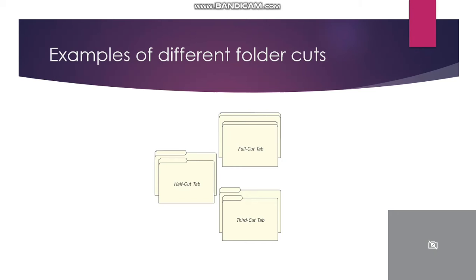If you look at the three folder diagrams on the slide, you would see the full cut here. The tab is the back one that's elevated right there. It goes along the full length of the folder, so that's why they call it a full cut tab. It's the full length of the folder, and it's focused on the flap at the back of the folder.